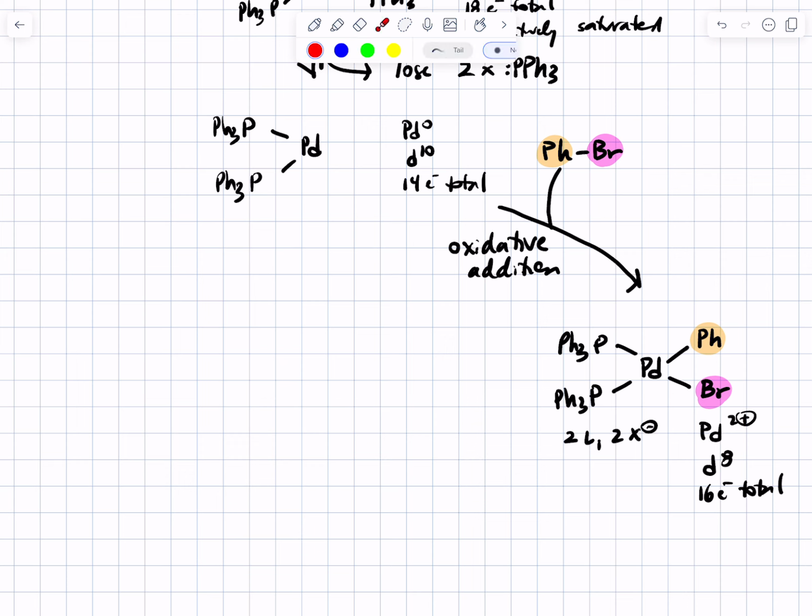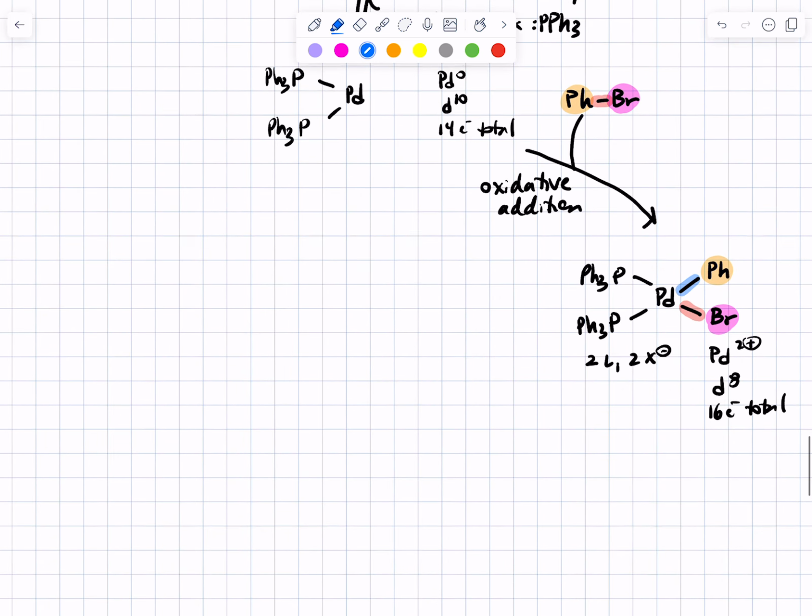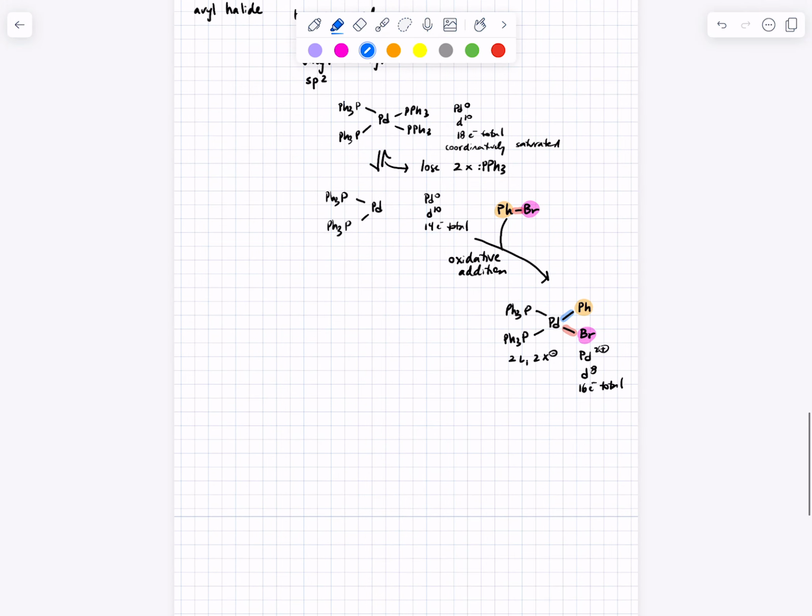Of the 2 bonds between ligands and metal that we just added, 2 of the electrons come from the metal and 2 come from the carbon halide bond. And it's impossible to say which, but I'll just color them differently so you know 2 came from the metal and 2 came from the carbon halide bond. Okay, that's the oxidative addition step.